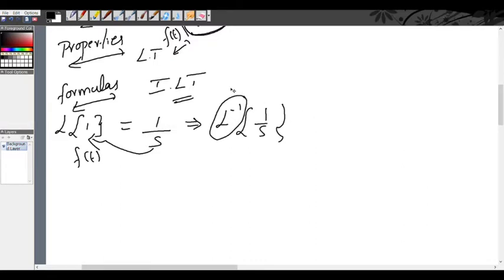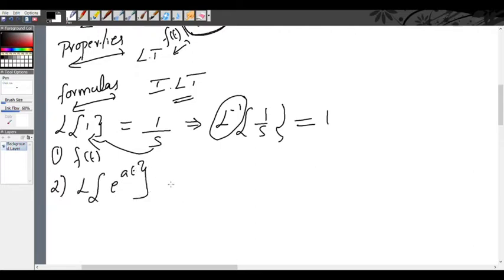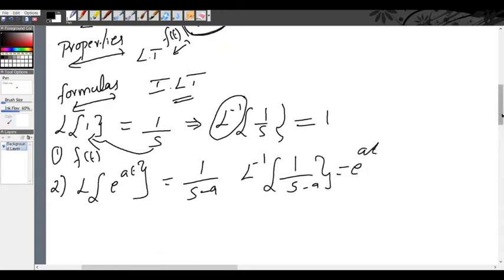This is nothing but 1. This is the first important formula. The second one is the Laplace transform of e power at, which we saw as 1 by s minus a. So as expected, L inverse of 1 by s minus a is nothing but e power at.